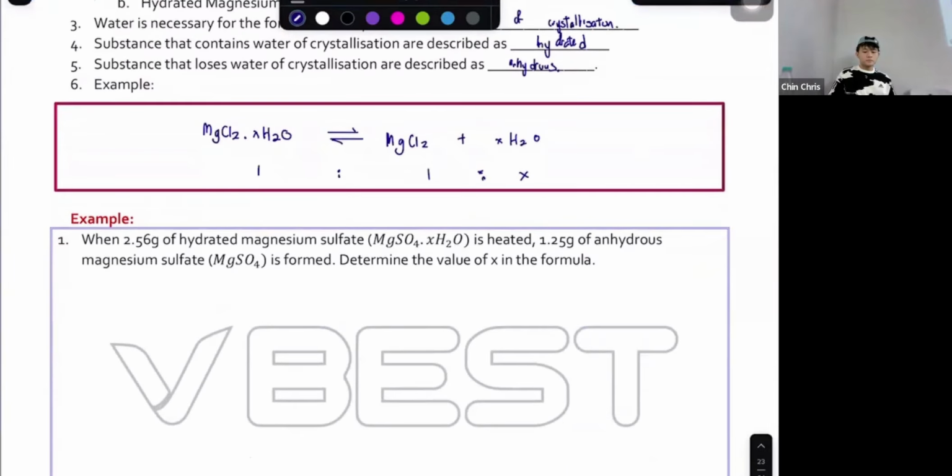Next. 2.56 gram of hydrated sulfate, 1.25 gram of anhydrous is formed. All right, guys, next question. Let's try.